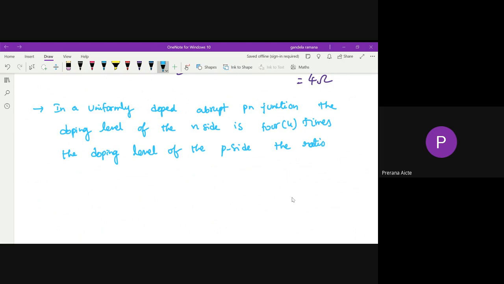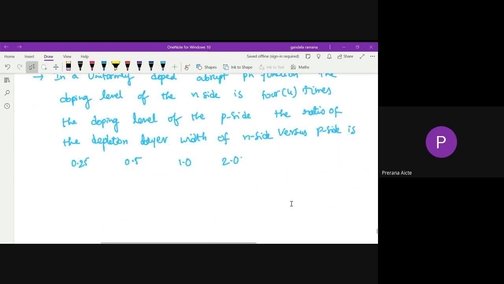The ratio of the depletion layer width of the N side versus the P side is how much? Answers: 0.25, 0.5, 1, or 2. What is the answer? This question was asked for 2 marks.